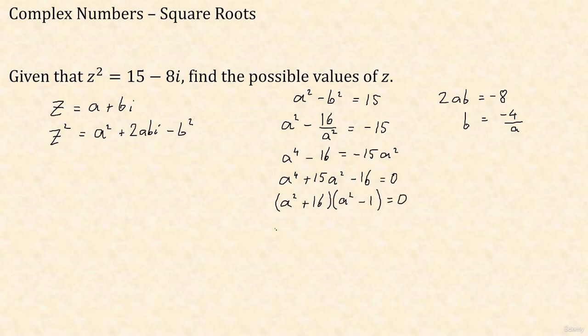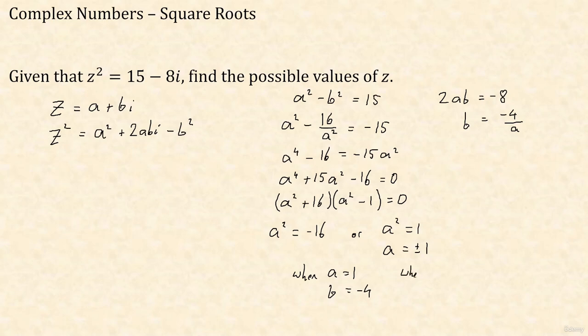This means that either a squared is negative 16, which is impossible because a is a real number, or a squared is 1, and that means that a is plus or minus 1. When a equals 1, we get b equals negative 4 over 1, so minus 4.